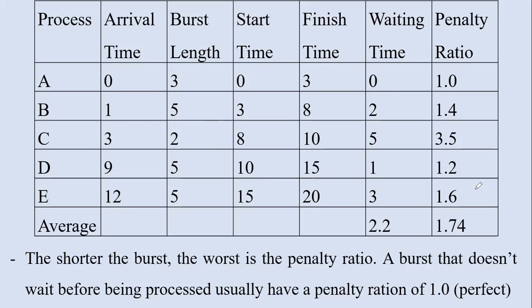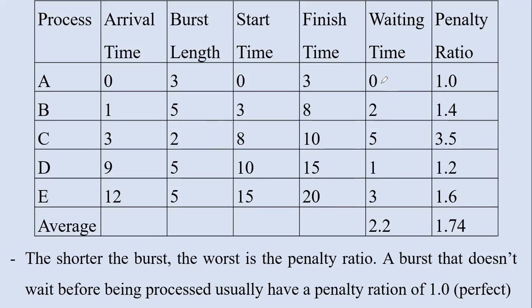The average waiting time for this system will be 2.2. How do you get the average waiting time? It is the total waiting time for all the processes divided by the number of processes, which is 0 plus 2 plus 5 plus 1 plus 3, divided by 5.